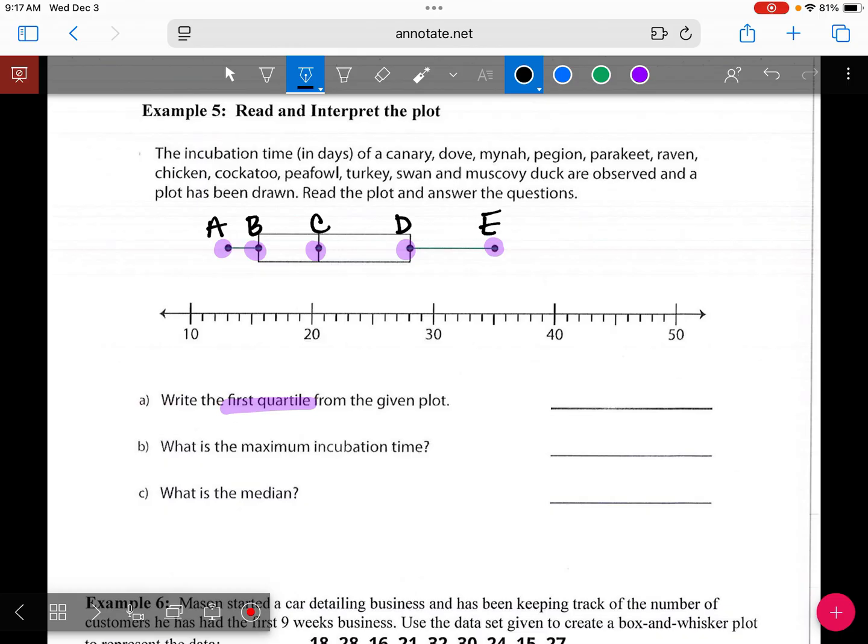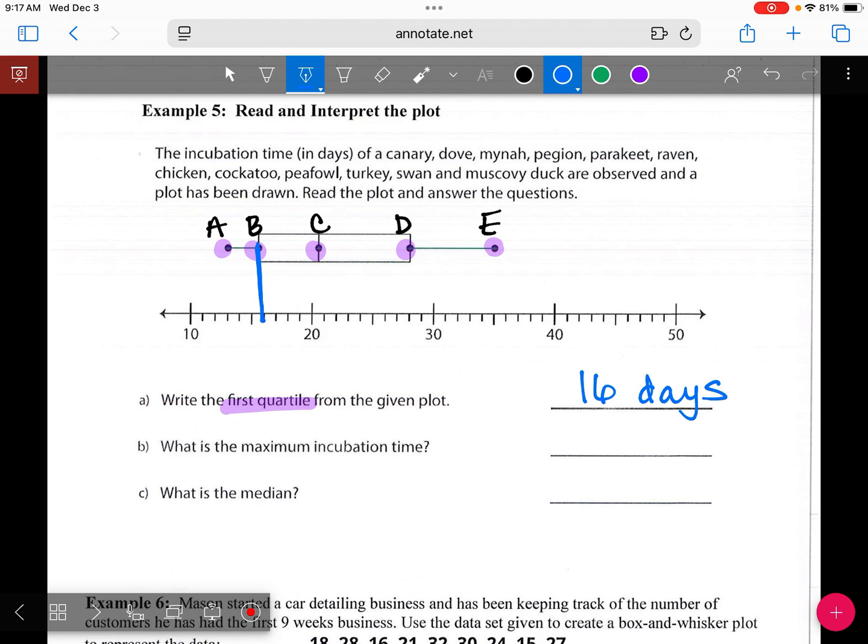In this box, is it A, B, C, D, or E? Who says it's A? Who says B? Who says C? D? E? It is B. This is your first quartile. So this here, we got to kind of come down to the number line. That looks like that's about 16 days. So that would be my first quartile.